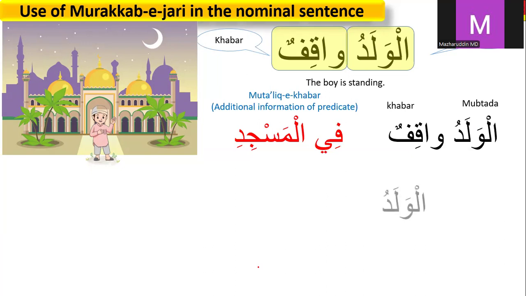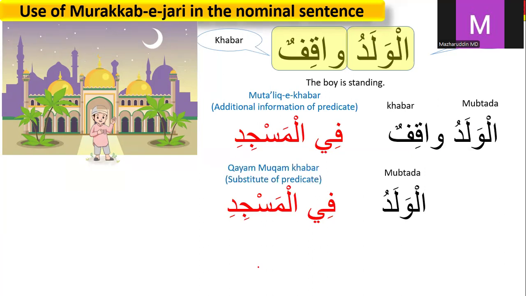The second condition, al-waladu fil masjidi. Now, al-waladu is mubtada, but fil masjid is qayam muqam khabar, substitute of predicate. Which substitute? Waqifun. The actual khabar was waqifun, which is dropped.